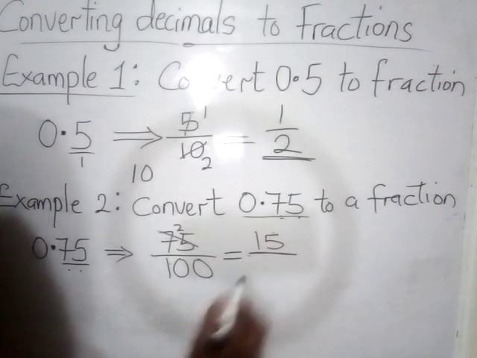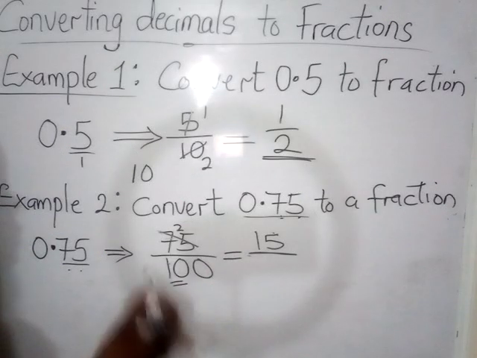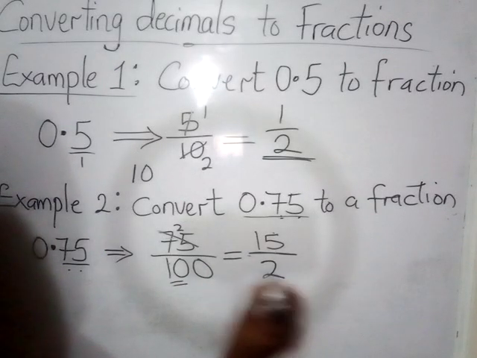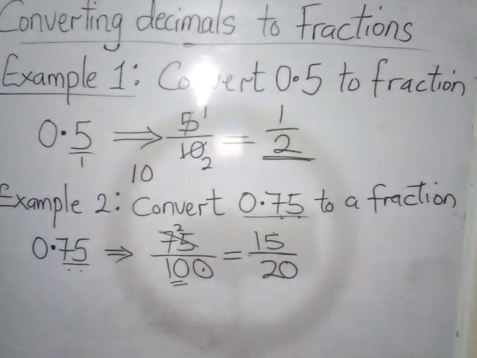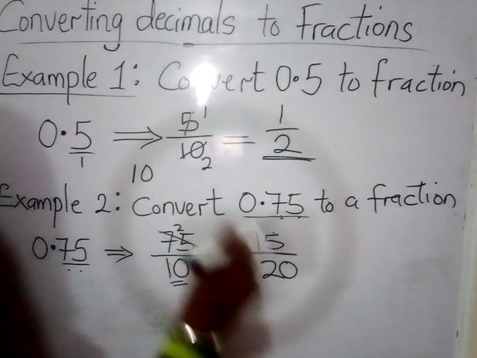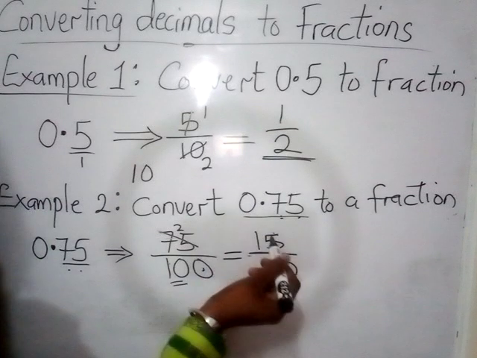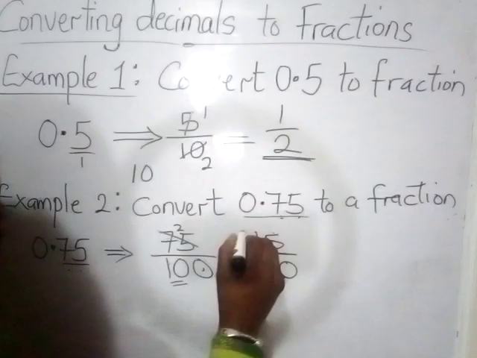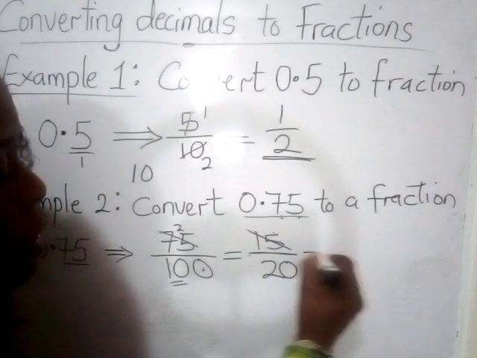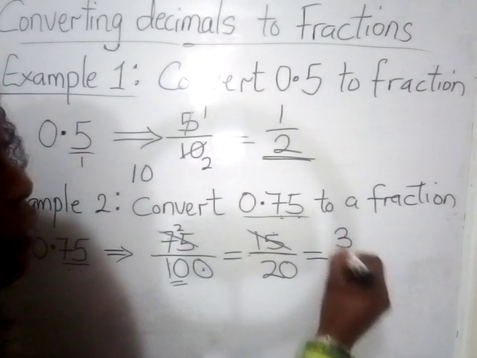Now 5 into 100. Let's take it step by step. First 10: 5 into 10 is 2 times, nothing remaining, so we add the second 0. That gives us 15 over 20. If we look at these two numbers, 15 ends in 5, 20 ends in 0, so 5 can still divide them. 5 divides 15 to give 3.